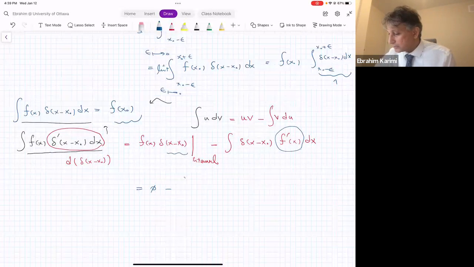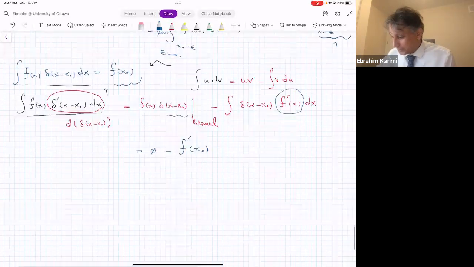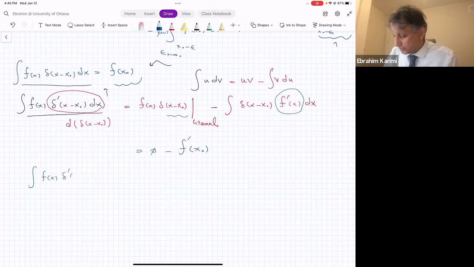That will be minus f prime at x0. So Nazanin, you were right, but there was a need for a minus sign, so you have to be careful with that. Essentially, the integral of f of x delta prime of x minus x0 dx is equal to minus f prime of x0.